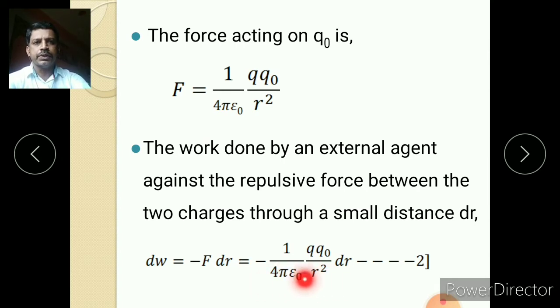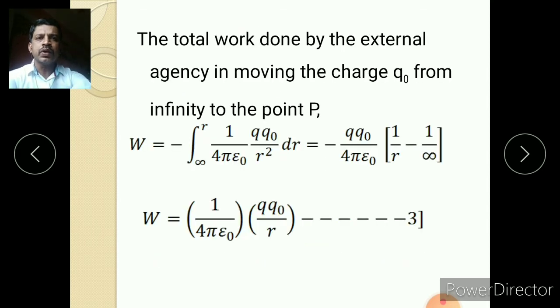From equation 1, we can say that dW is equal to minus 1 upon 4 pi epsilon 0 Q Q0 upon r square into dr. The total work done by the external agency in moving the charge Q0 from infinity to the point P is given by W is equal to integration from infinity to r of minus 1 upon 4 pi epsilon 0 Q Q0 upon r square dr, is equal to minus Q Q0 upon 4 pi epsilon 0 into 1 by r minus 1 by infinity.